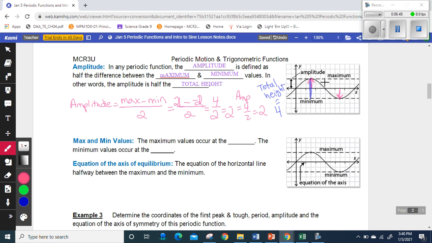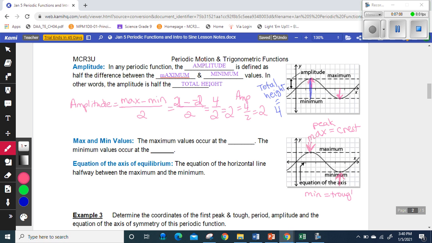This is good. Maximum and min value. So the maximum's up at the top here. So I just put the picture on there. Maximum has lots of names. We're going to call it the crest. Okay, we might call it the peak. And at the bottom, that's my minimum. It's got a few names too.